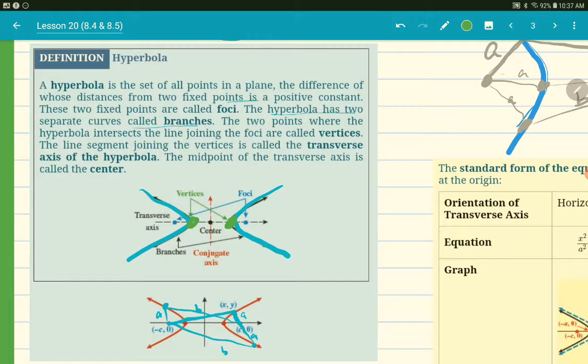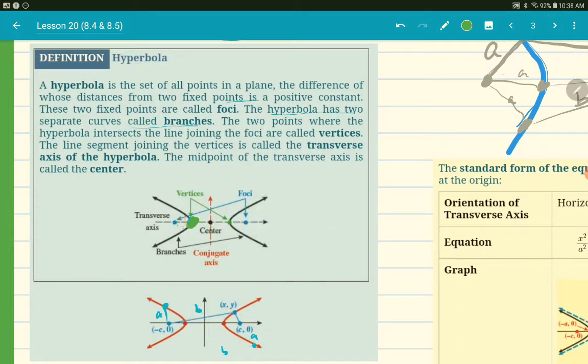Remember with our ellipse, that was the major axis, and now it's the transverse axis, which tells us if the hyperbola is going to be horizontal or vertical. And the midpoint of that transverse axis, halfway between the vertices or halfway between the foci, is the center.